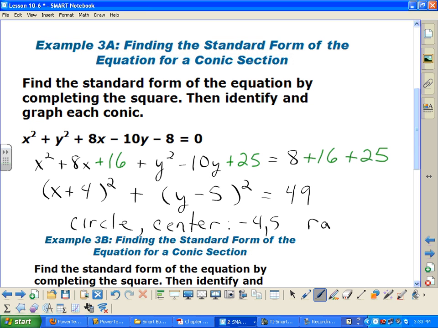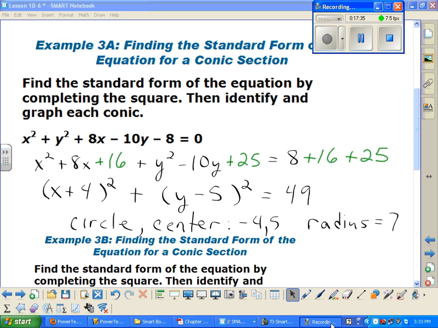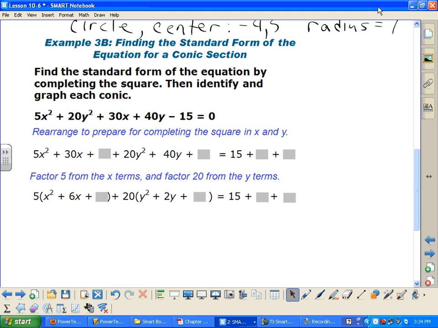And it has a radius of 7. I know you know how to graph them, so we're not going to graph this one at this point in time. All right, so that example was for if the coefficient of x squared and y squared is 1.